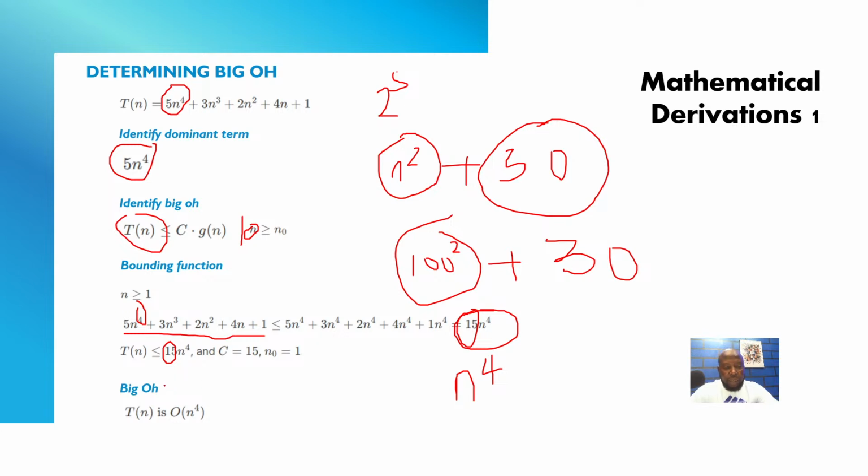If you want to represent it as big O, nobody cares about the coefficient. Just strip off the coefficient and represent it in this form. So this particular function can be represented as a big O of n raised to the power 4. So this is how we came to this derivation.